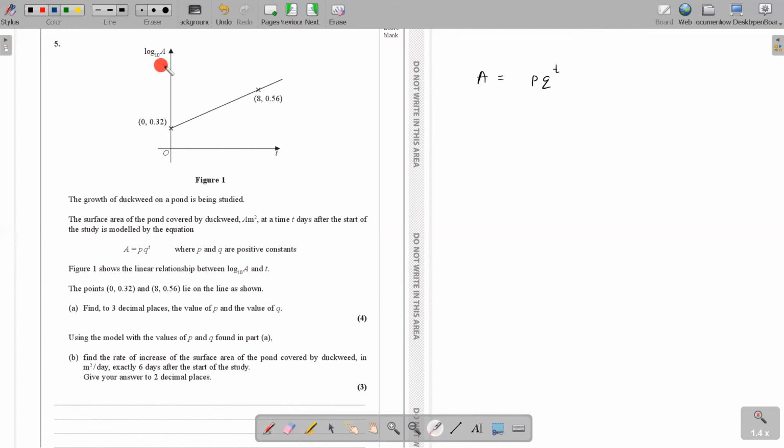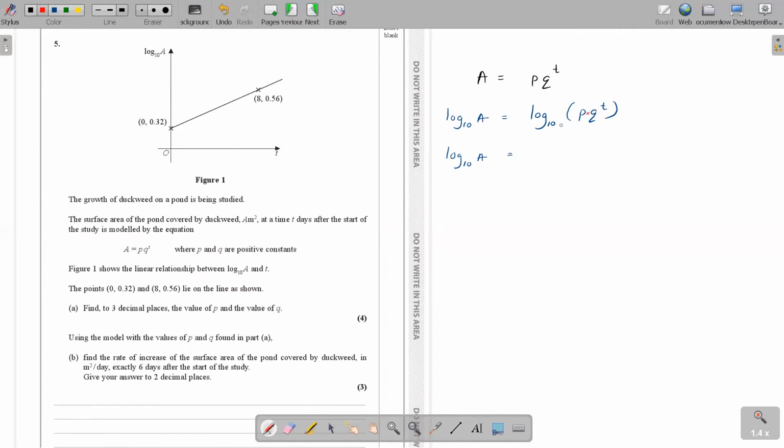You have log base 10 of A. So what you do here is take the logarithm base 10 of both sides. Log base 10 of A equals log base 10 of P times Q to the power t.